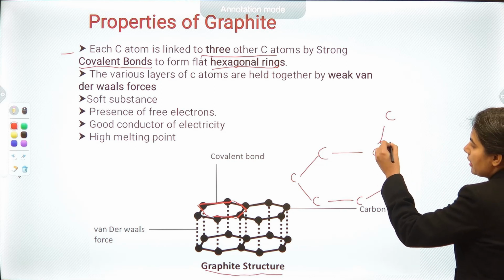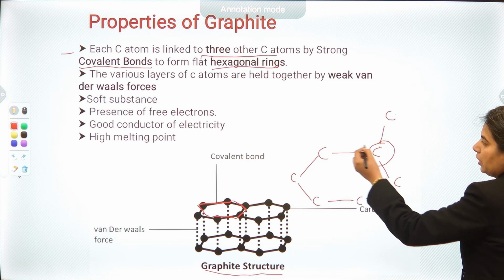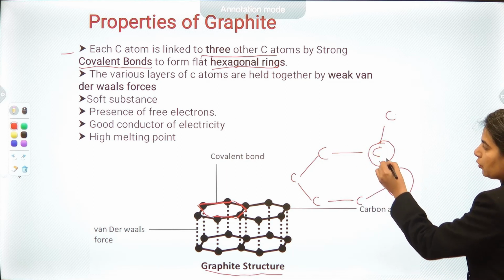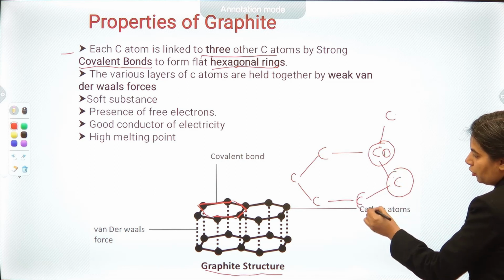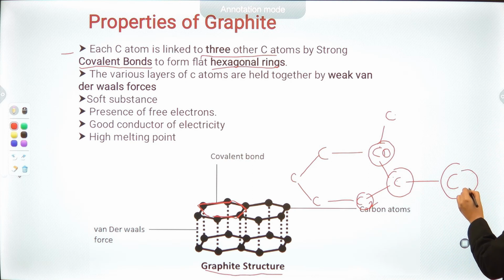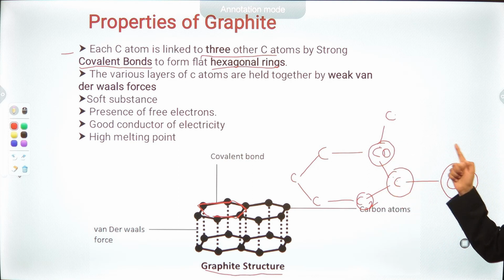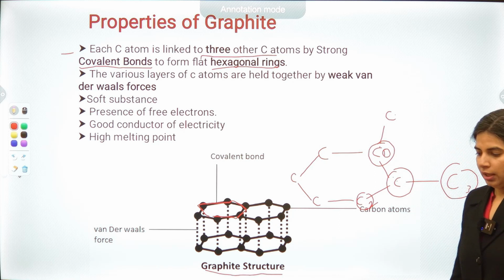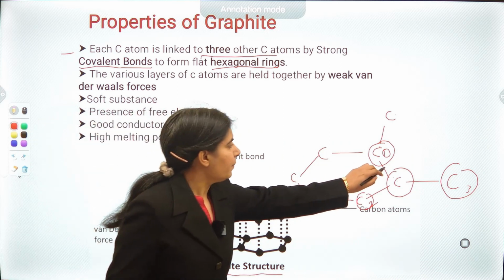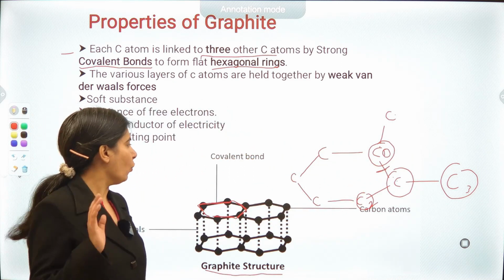Say this is our central carbon, it will be linked with 1, 2 and 3. So each carbon is linked with 3 other carbons in case of graphite, and every bond is a covalent bond, the strong covalent bond.